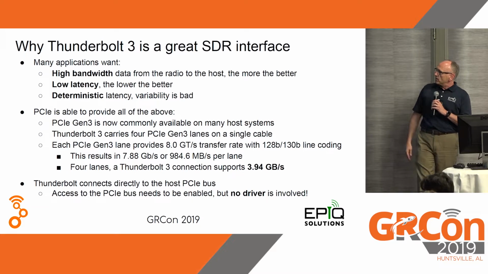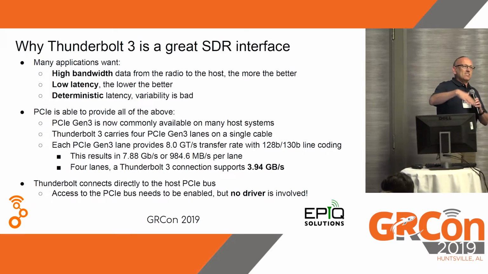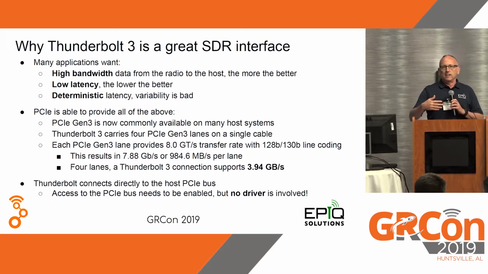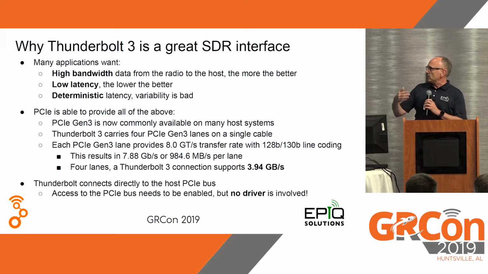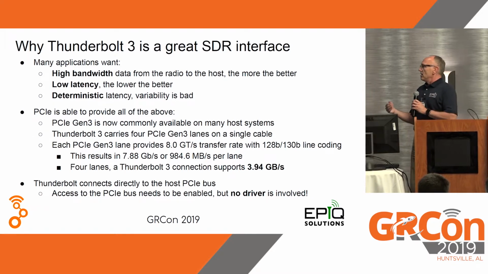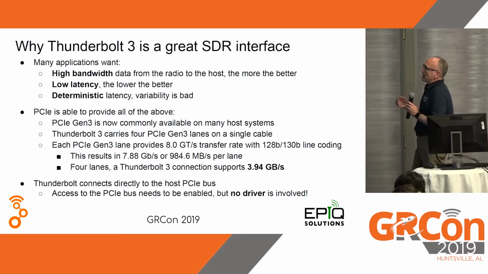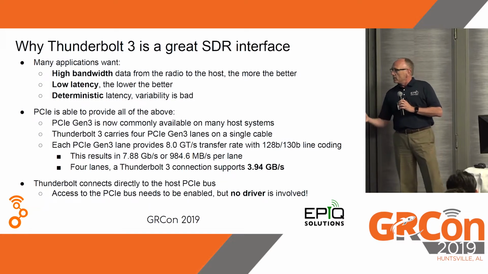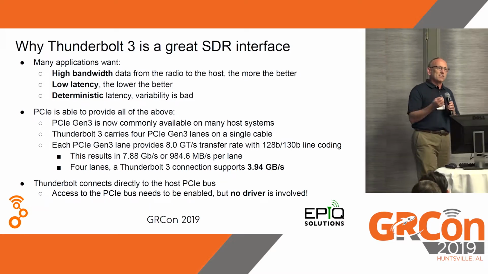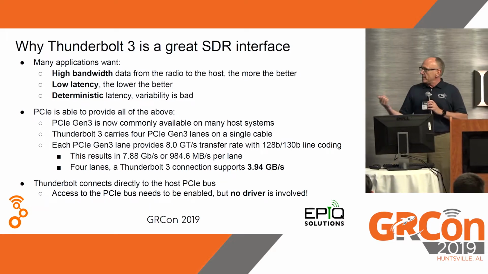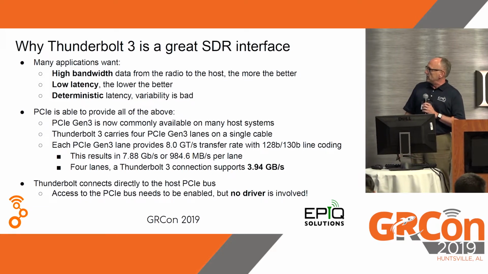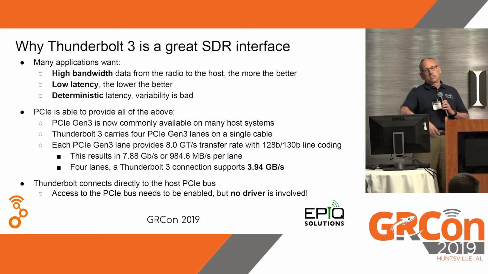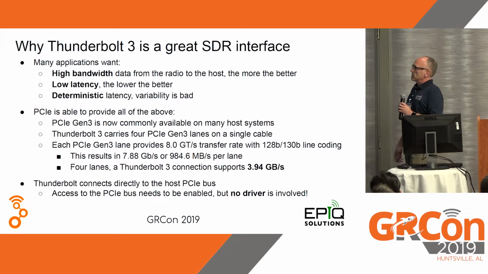There is some coding on that, so not taking into account any particular efficiencies, you get a raw throughput of almost 4 gigabytes per second, all over that one little cable. It's a really nice, easy transport capability to go from your SDR to your host system.